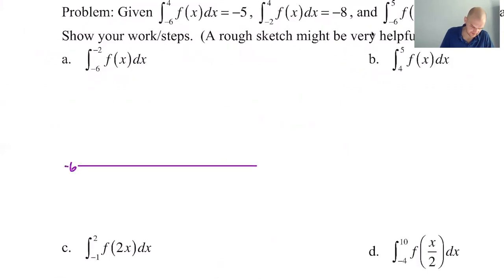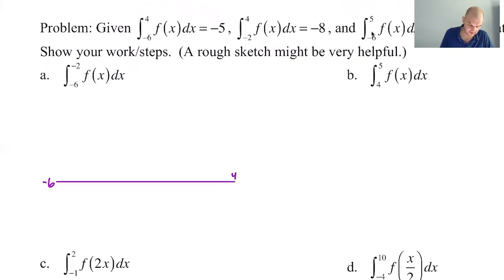So this is -6 to 4, and I know the value of that is -5. Then I also have -2 to 4, and you've got to line them up. I know the value of that is -8.